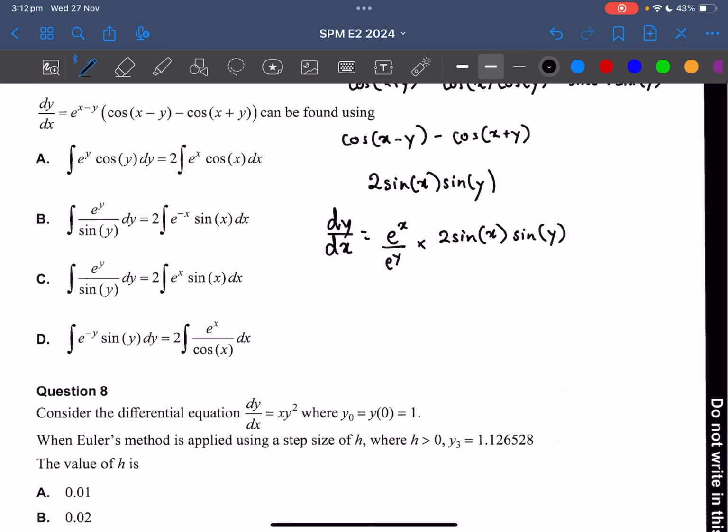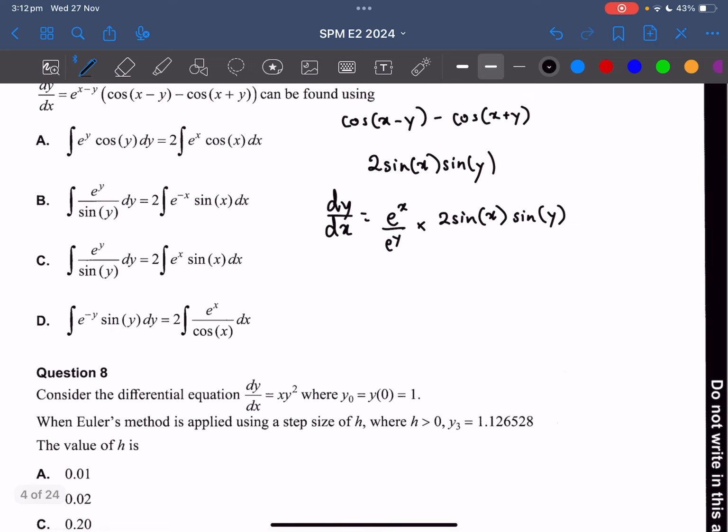Right? Now we just have to collect the like terms together, so all the y terms will be with dy, and all the x terms would be with dx. So let's do that, and of course we have to keep 2 with dx.